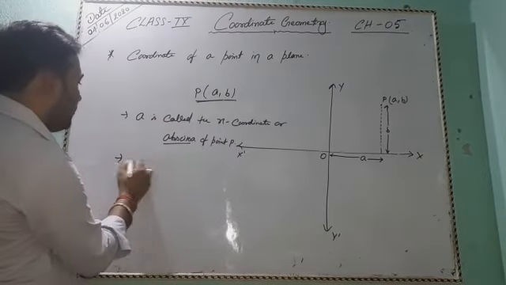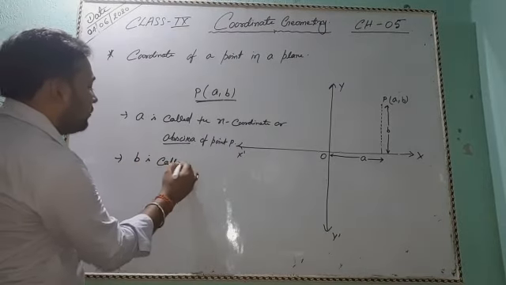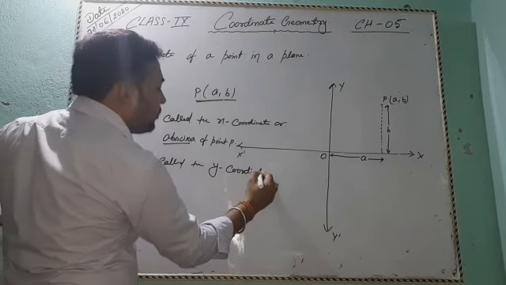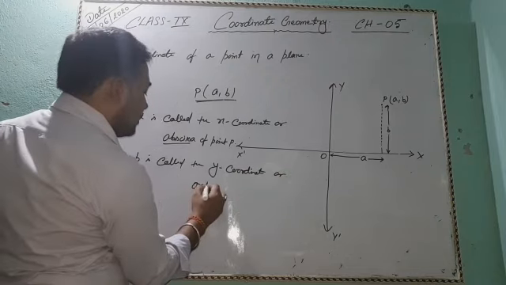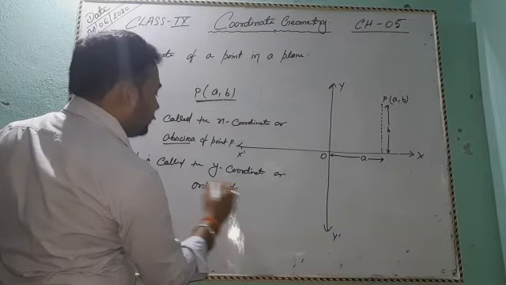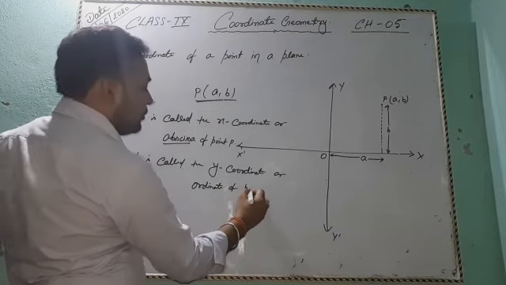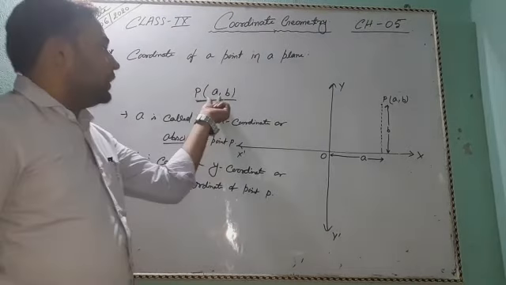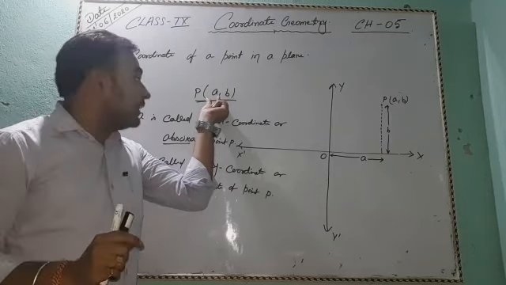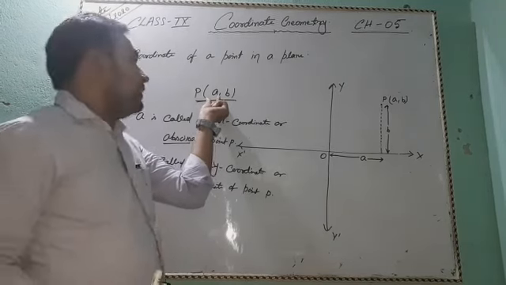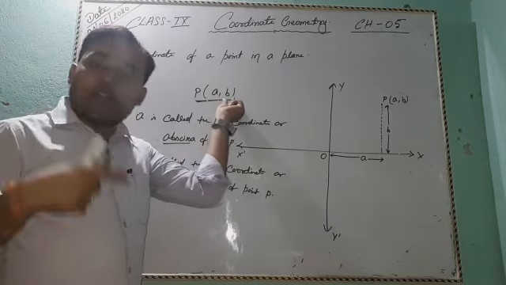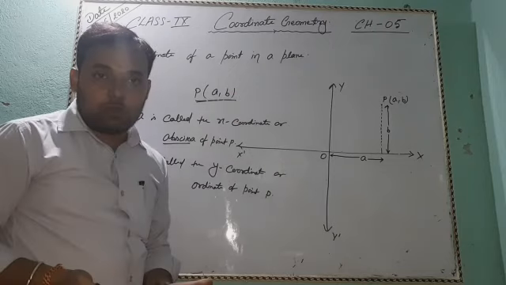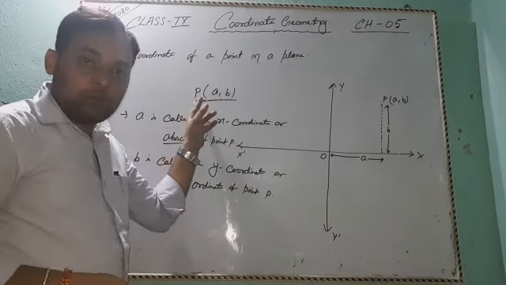So B is called the y coordinate or ordinate of point P. Okay, so A is called the x coordinate and the second name of A is abscissa of point P, and B is called the y coordinate and the second name of B is the ordinate of point P.